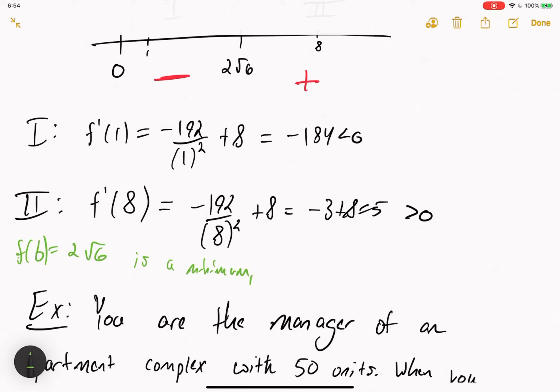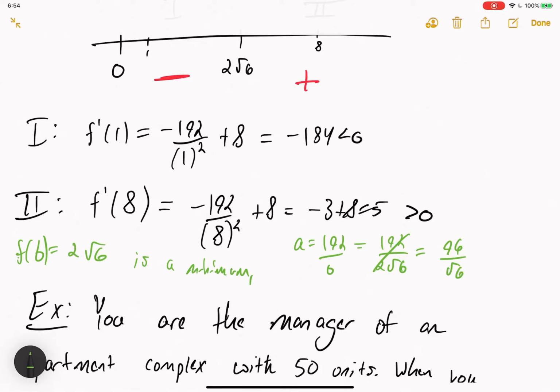And lastly, remember that we wanted to find the numbers A and B. A was equal to 192 divided by B, which is 192 divided by 2 root 6. That's equal to 96 divided by the square root of 6.